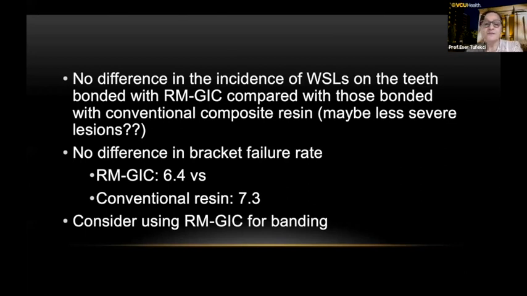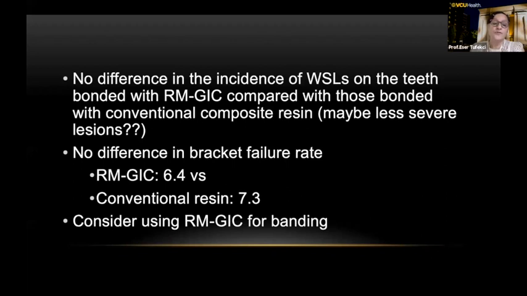As far as bracket failure, if you look at the numbers, resin-modified glass ionomer cement had 6.4% versus conventional resin 7.3%. In a typical orthodontic clinic practice, up to 3 to 4% is the routine expected failure rate. So both of these cements basically had more than expected.